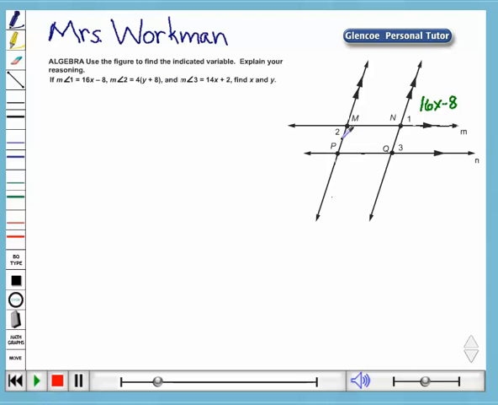Here's angle 2, and its measure is 4 times the quantity y plus 8. And the final piece of information I'm given is the measure of angle 3. Here's angle 3, and its measure is 14x plus 2.